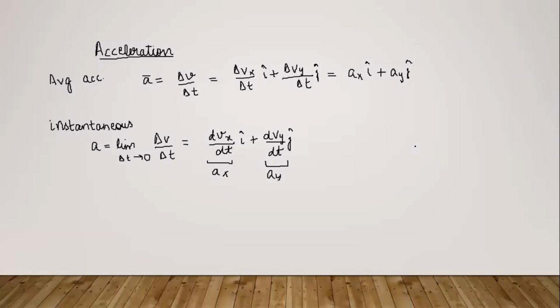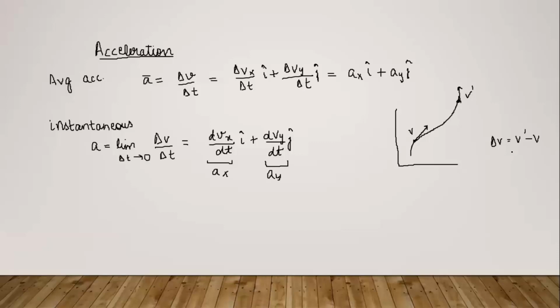Suppose this is the plane and our particle is moving somewhat this way. Initially it was here, so the velocity vector would be this, and somewhere here the velocity vector would be this. So this is initial, this is v, and this is v prime. The direction of delta v is simply the resultant. Delta v will be written as v dash minus v.